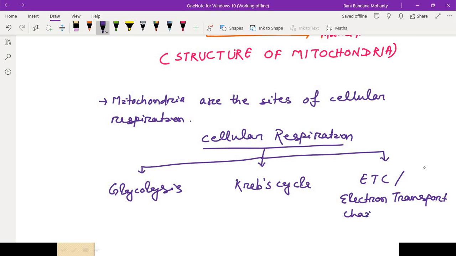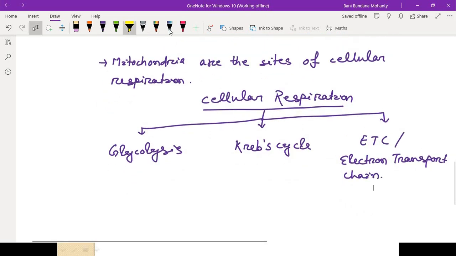Glycolysis, or breaking down of glucose, occurs in the cytoplasm.